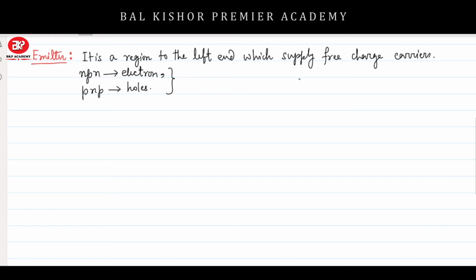So let us see the base terminal. The base is the middle region of the BJT. For a PNP transistor, the base region is N type, and for an NPN transistor the base region will be P type.